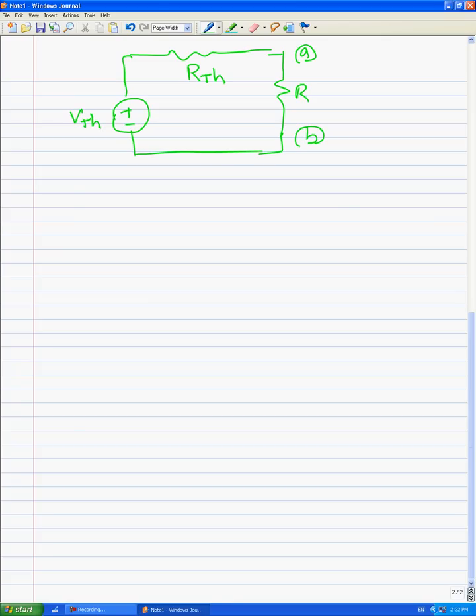Now we want to find RTH and VTH for this circuit.